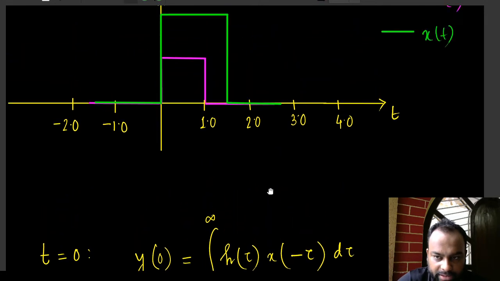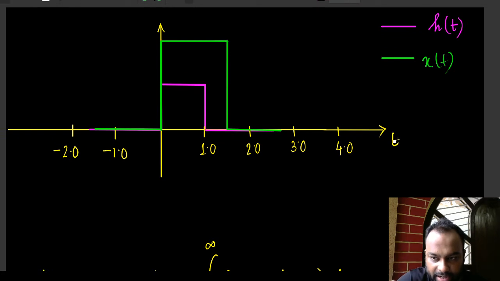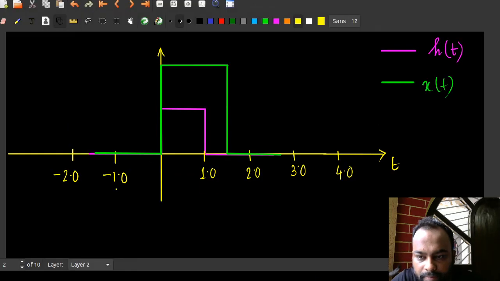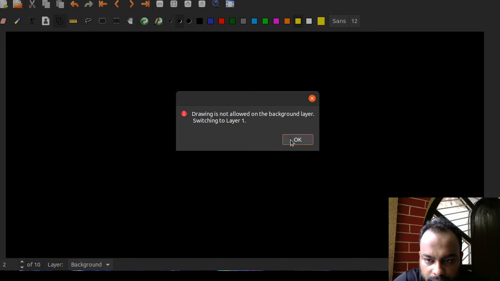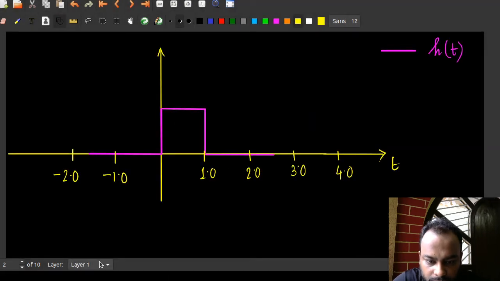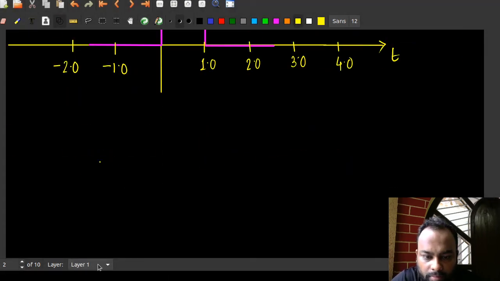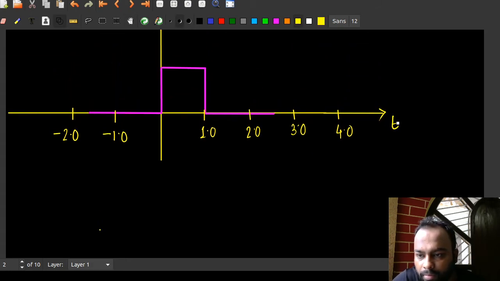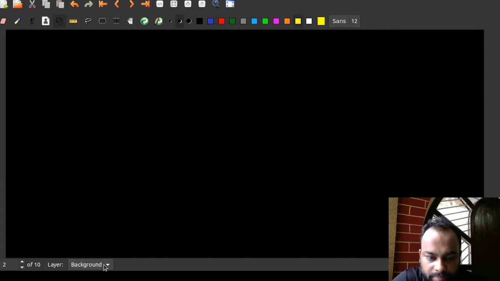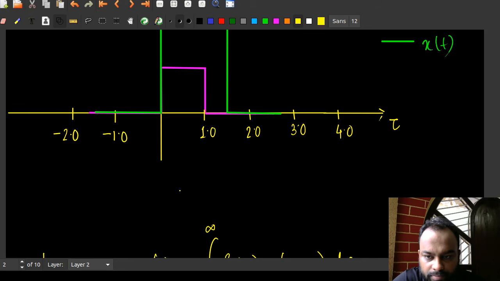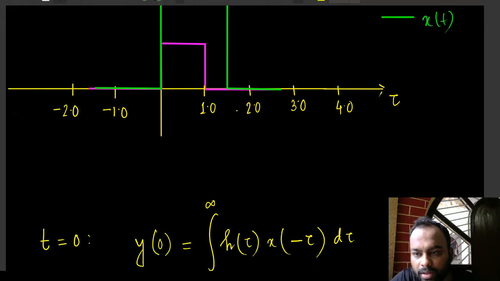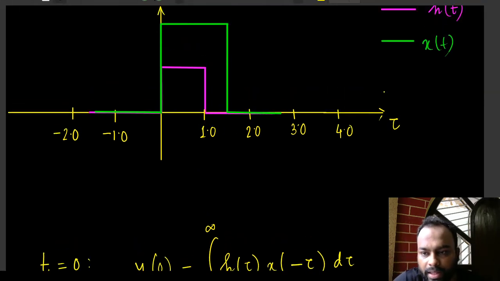So now, instead of writing t here, if I write tau, then what do I have?